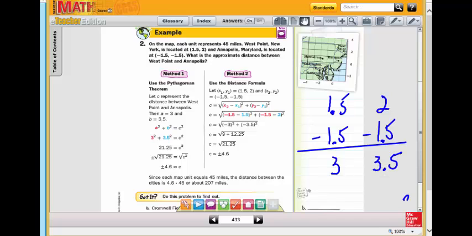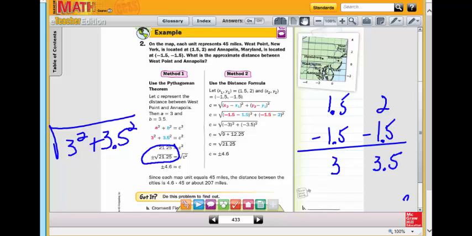So our solution is to use the square root of 3 squared plus 3.5 squared. And we end up taking the square root of 21.25, and we get 4.6 for our answer. Now, notice that they have 2 different methods here.